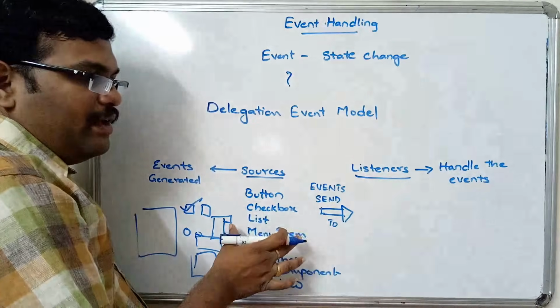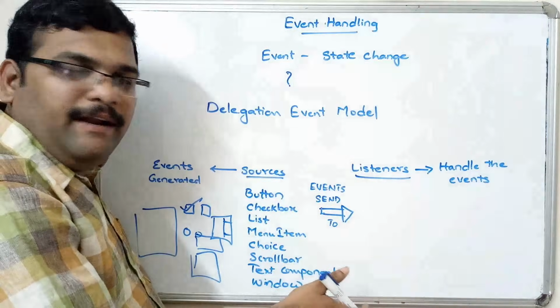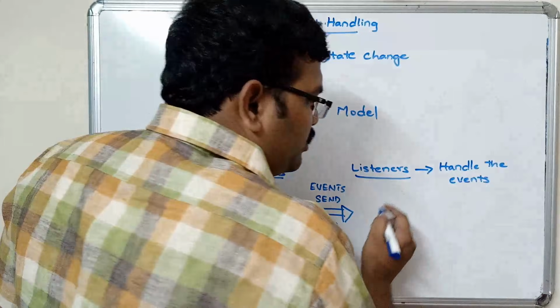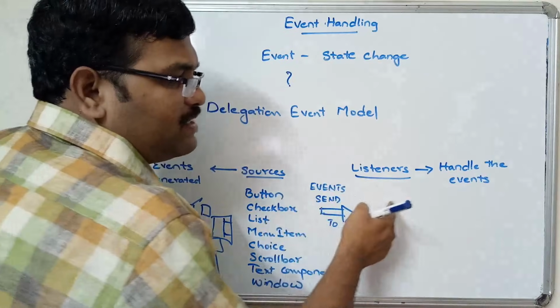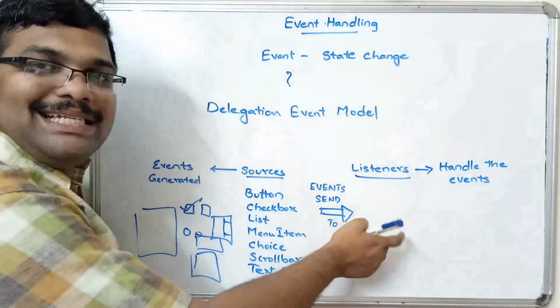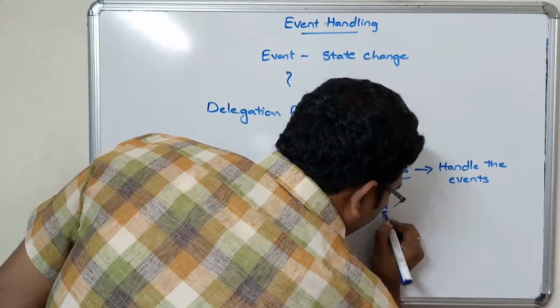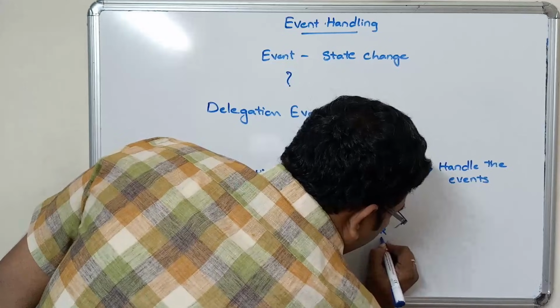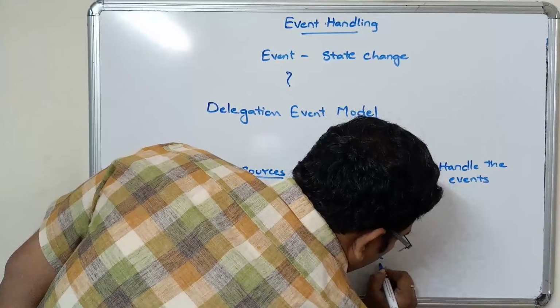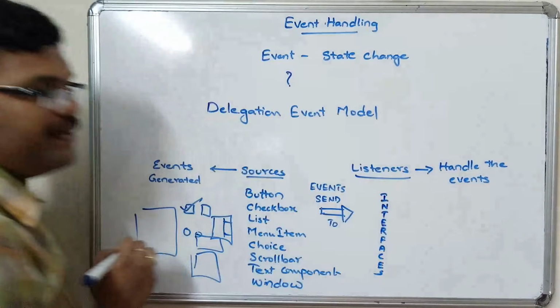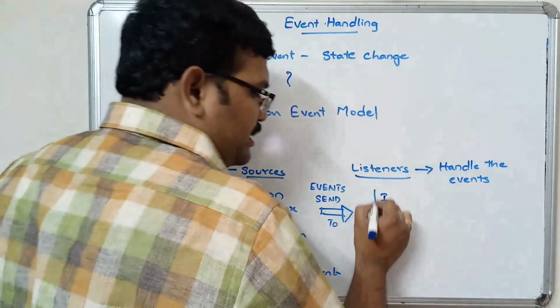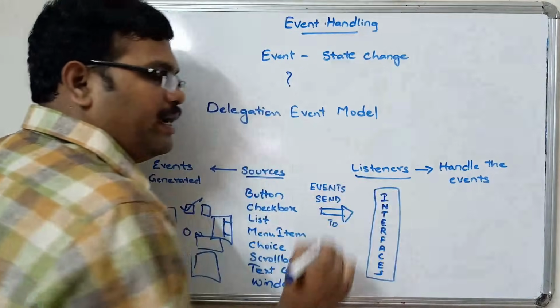So there are a number of listeners, and these events will be handled by these listeners. So these listeners are interfaces, right? These listeners will be associated with interfaces.